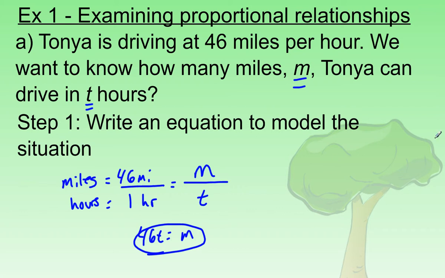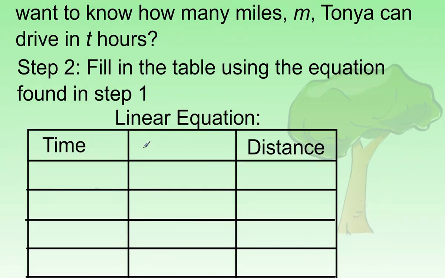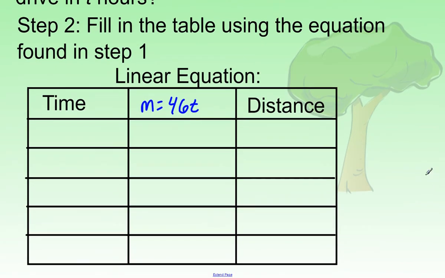So first step, you want to write your equation. Step 2, we're going to fill in a little table. So our equation, m equals 46t. I threw my equation in here and make up some time.